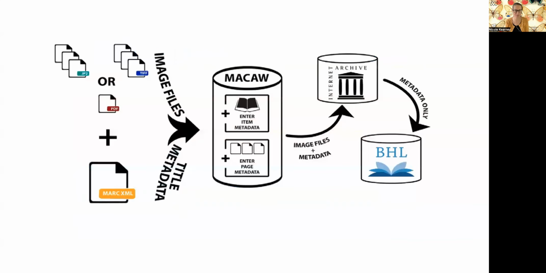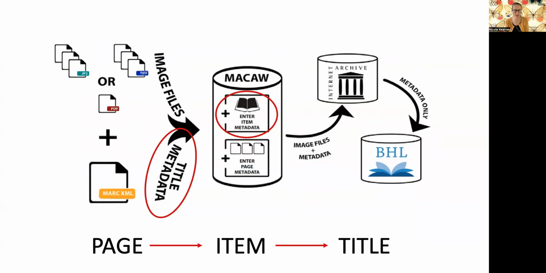BHL catalogue. Most of what's in that catalogue is the metadata that's uploaded into BHL via Macaw or the Internet Archive, the item level metadata and the title level data for the title each item belongs to. The primary bibliographic unit in BHL is the item, and the structural hierarchy on BHL is pages within items within titles.